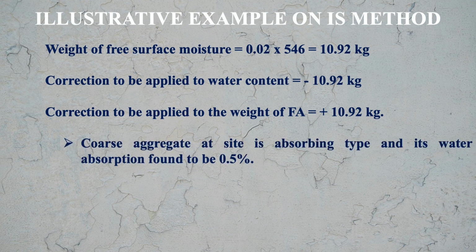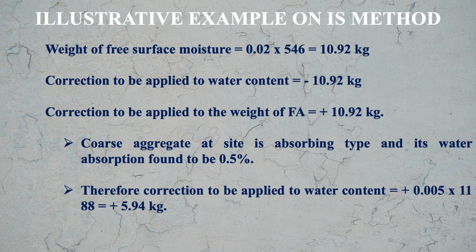Coarse aggregate at site is absorbing type and its water absorption was found to be 0.5%. So therefore the correction to be applied to water content, here 0.5% means 0.5 upon 100, 0.005 into 1188 kg.